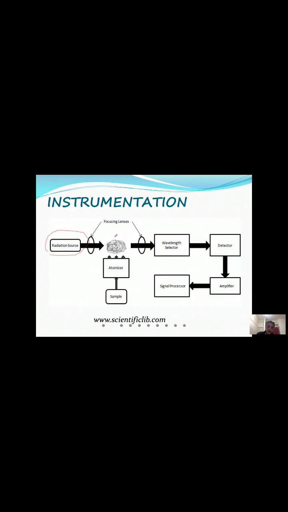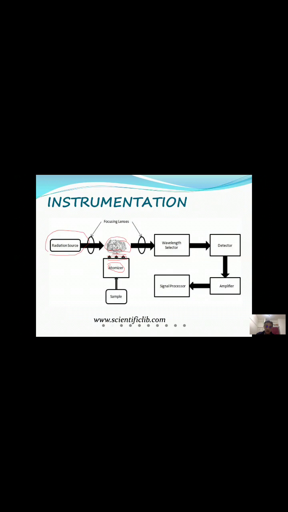This is where you are atomizing; these atoms are atomized. Here is the flame, and through this the nebulization process that I told you about takes place. Through this nebulizer we introduce the sample in this region, and then it gets converted into vapors.